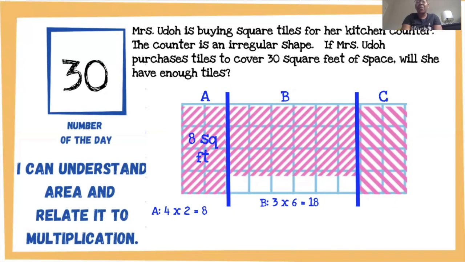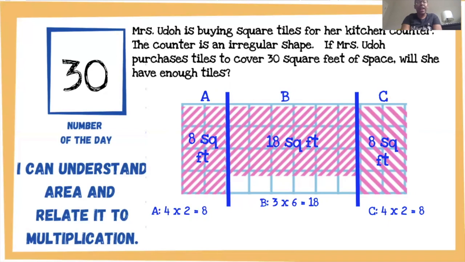And so rectangle B has an area of 18 square feet. What do you notice about rectangle C? That's right, it's the exact same size as rectangle A. Therefore, we're also going to multiply 4 times 2, and our area of rectangle C is also 8.